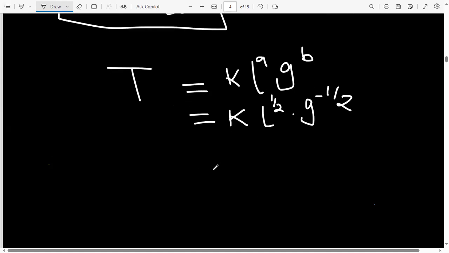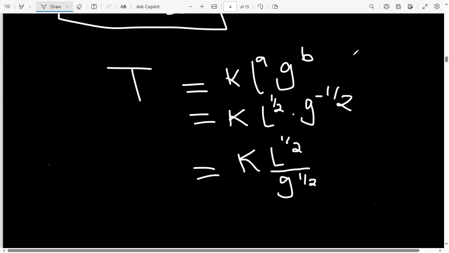And then from here we can see that K and then L to the power half. Since this g has a power minus half, it can go down there. So it becomes g over what? It will become L power half over g power half, by the properties of a negative power.